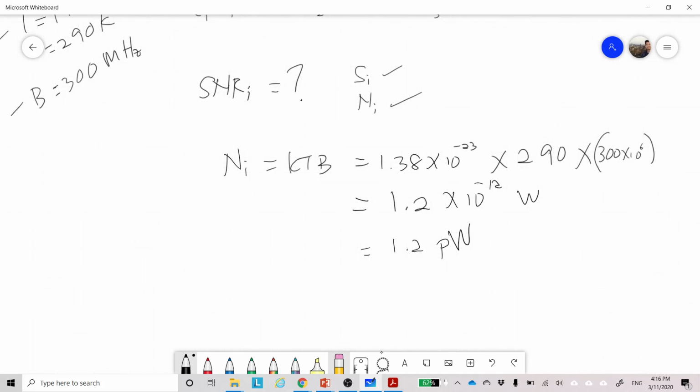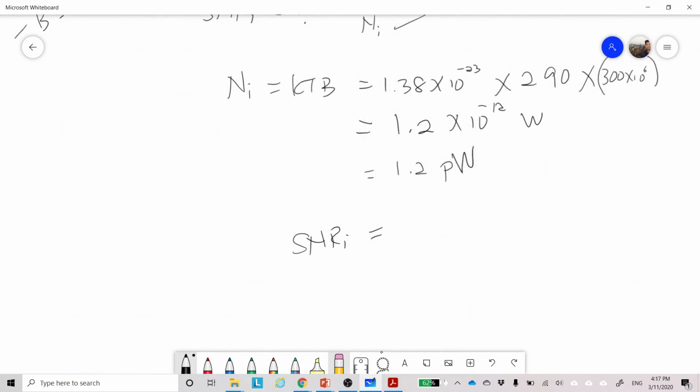So daripada sini barulah you boleh cari nilai SNRI. SNRI is equal to SI dibahagikan dengan NI. Ini bersamaan dengan 5 watt dibahagikan dengan 1.2 kali 10 kuasa negatif 12 watt.